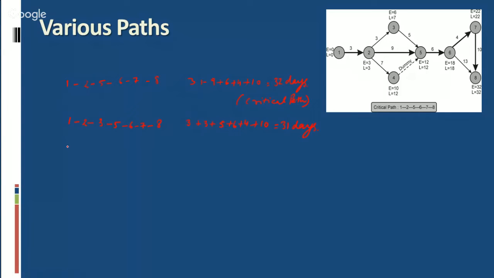Next possible path is 1, 2, 3, 5, 6, and 8. 3 plus 3 plus 5 plus 6 plus 13 equal to 30 days.